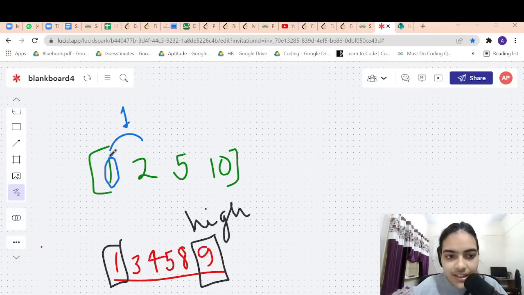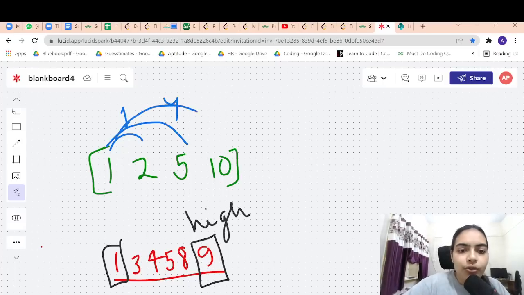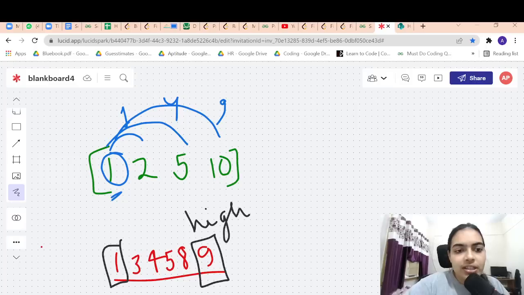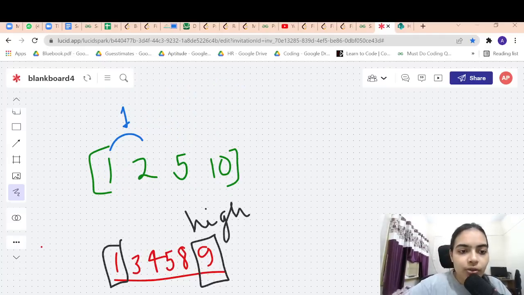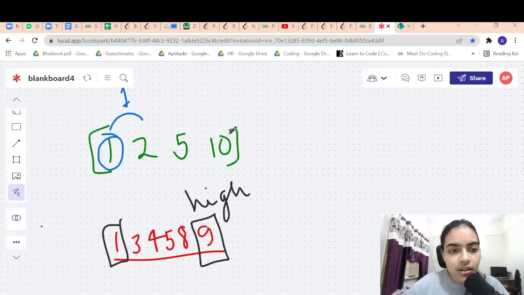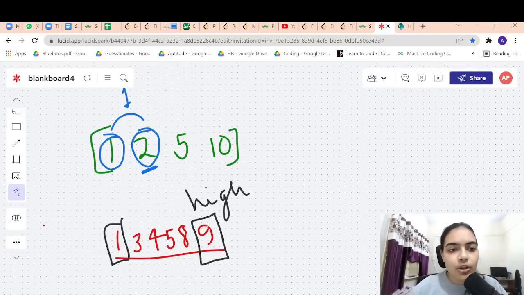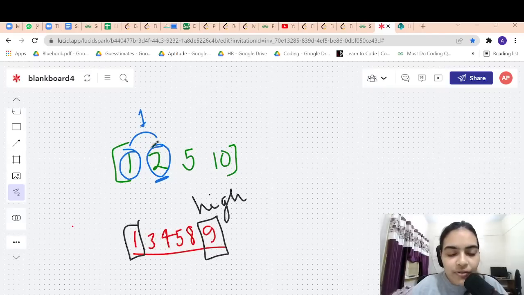If 1 is fixed, the differences you can get will be 1, 4 or 9. So the minimum difference you will get only if you keep 1 fixed and take the next closest adjacent number. So the minimum difference can be 1.